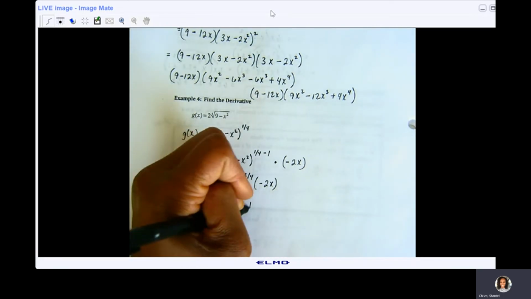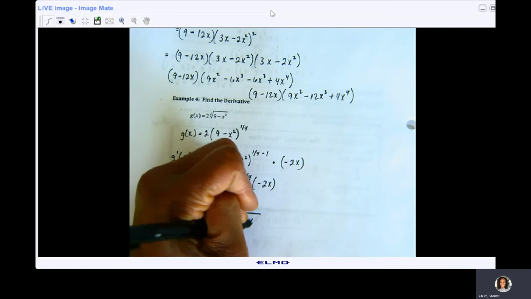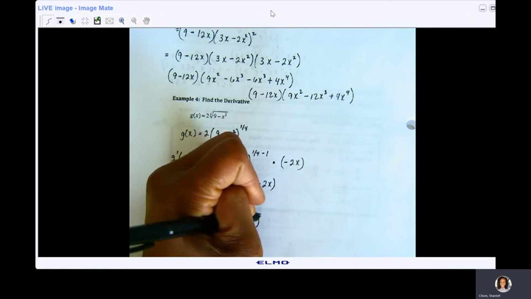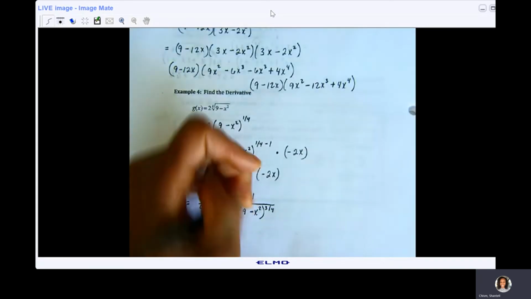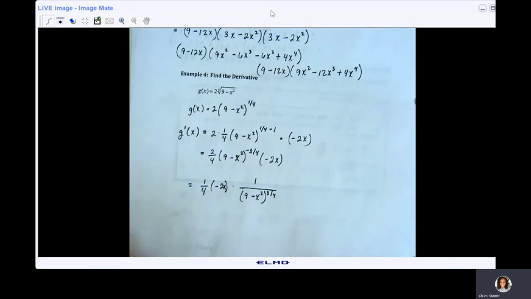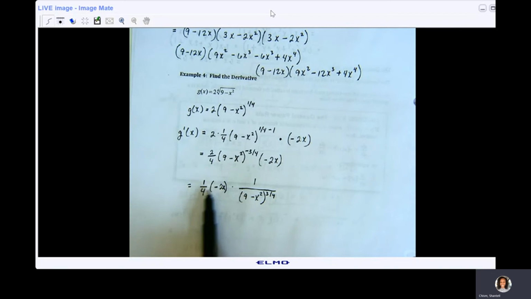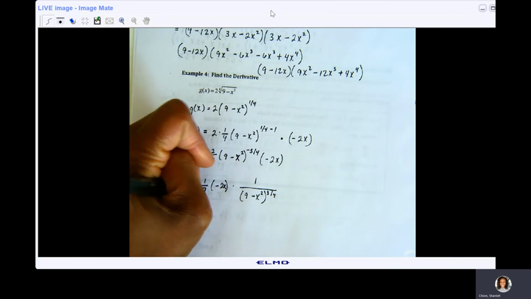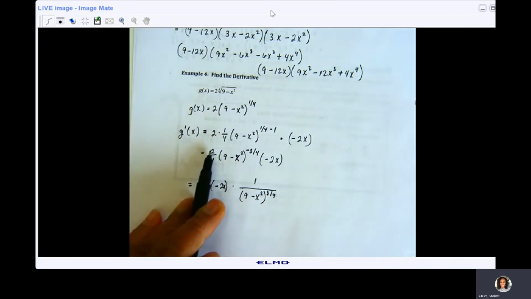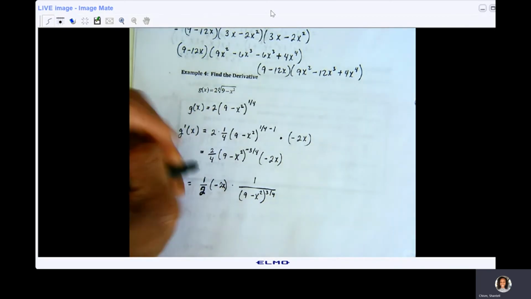I'm going to write that as 1 over 9 minus x squared to the positive 3/4. Okay, and we have to write that exponent positively. I'm sorry, that's not 1/4, that's 1/2. 2 over 4 is 1 over 2, okay?